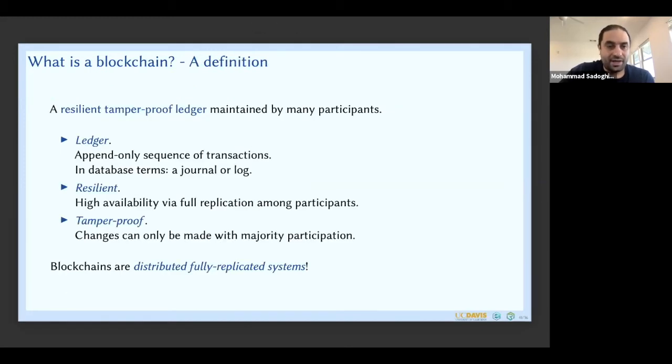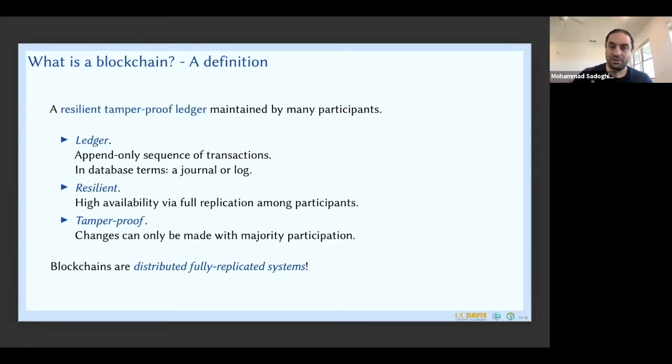And what are, again, the elements of this? We have a ledger, which is an append-only sequence of transactions, like a journal or a log, and that's very similar to L-Store. In L-Store, the base pages are simply an append-only log and sequence of transactions. So essentially, this ledger is identical to the base pages that we have in L-Store. Of course, we also have the notion of tail pages, which is another append-only journal, but periodically there is a consolidation between the tail and the base.